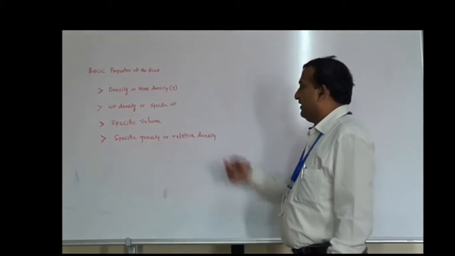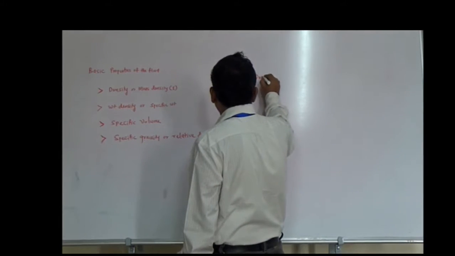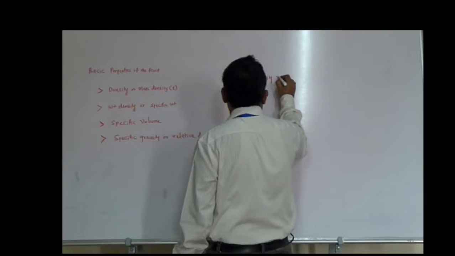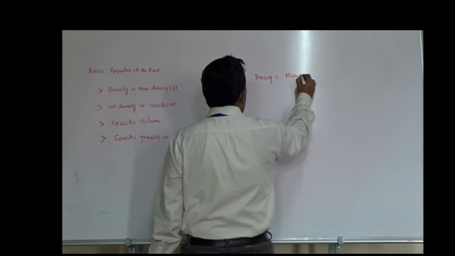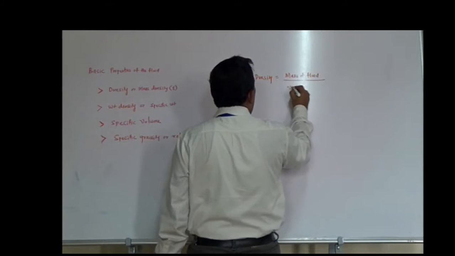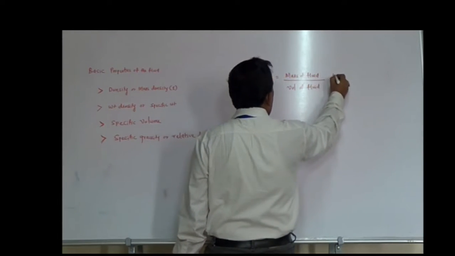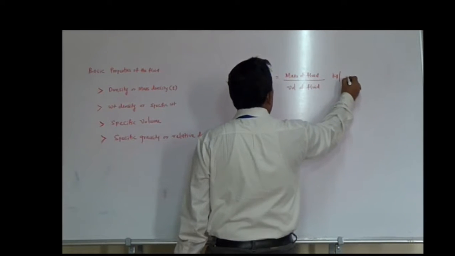The first one is the density. The density is nothing but mass of fluid divided by volume of fluid. The unit of mass is kg, the unit of volume is meter cube.